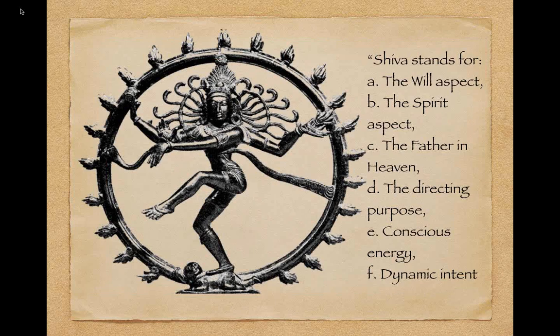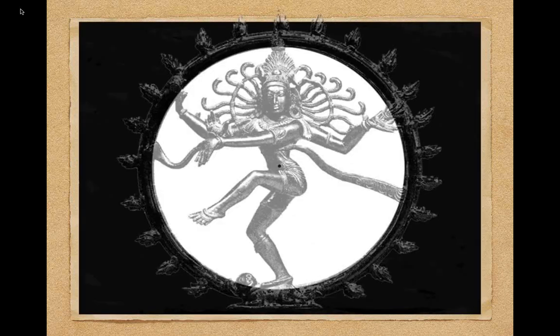In a treatise on cosmic fire, Djwhal Khul tells us, that's the Tibetan, that Shiva stands for, and these are his own words, the will aspect, the spirit aspect, the Father in heaven, the directing purpose, conscious energy, and dynamic intent. Okay, we can get some insight into both figures when we overlay the image of Shiva on the symbol of the first logos. Notice how the central dot corresponds to the hara of Shiva, the center in the Chinese tradition from which flows qi, or the life force of the universe. Okay, we know that the point represents the dawn of differentiation, right?